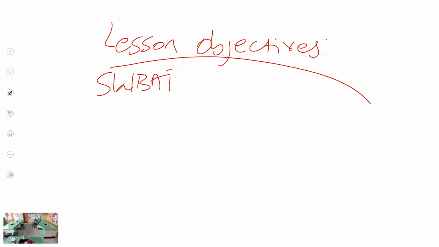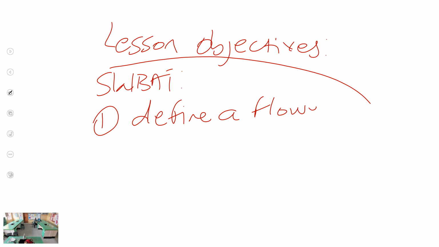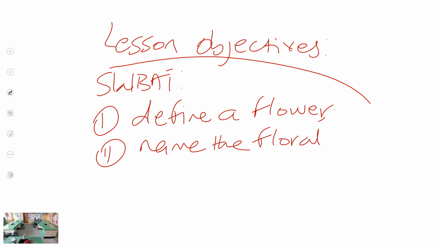I expect that at the end of this lesson, each and every one of you will be able to, one, define a flower. Two, name the flower parts of a flower.